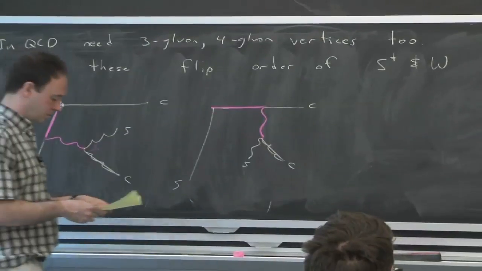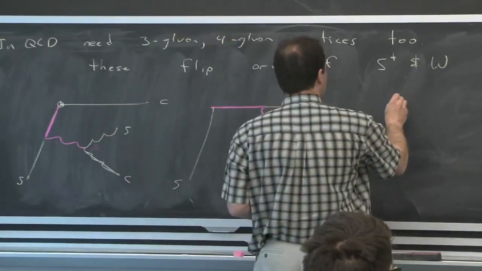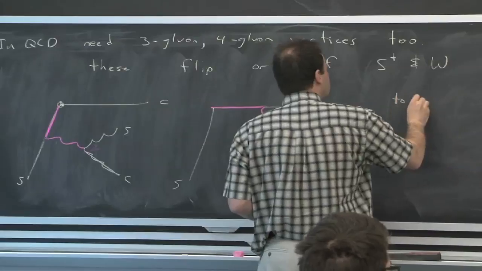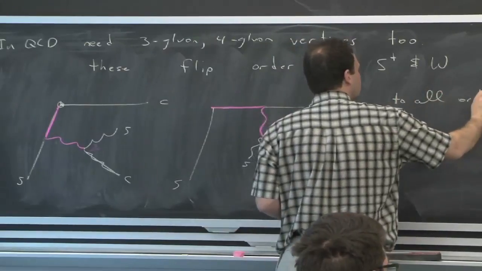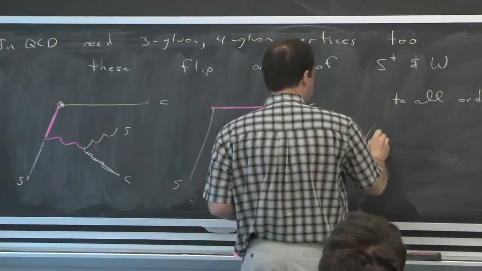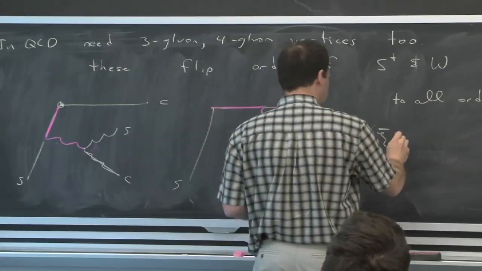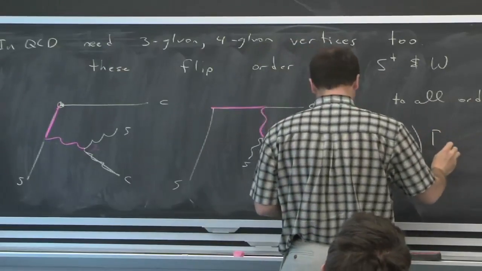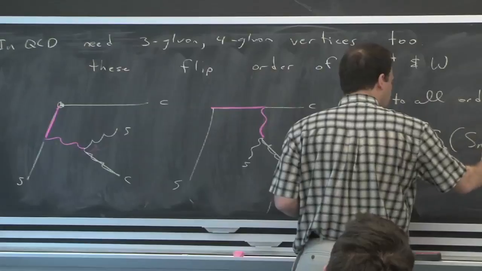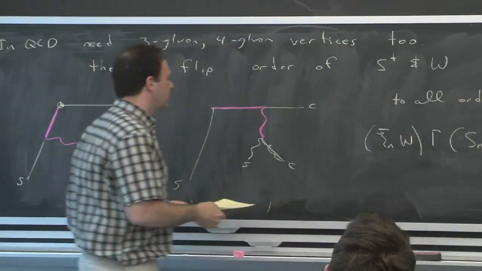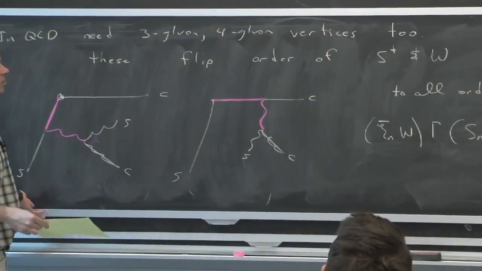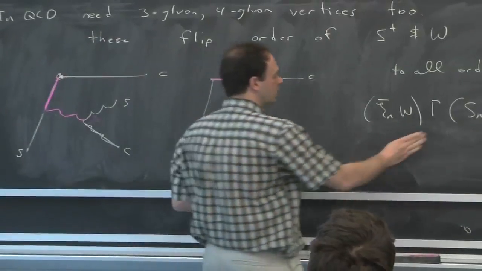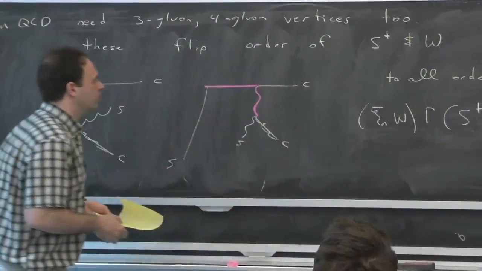And if you do that, then it does what I said. If you do that to all orders, which you can do with an auxiliary Lagrangian type approach, obviously you're not going to start calculating diagrams to all orders, but there's some tricks to doing it. Then you get them in the right order.